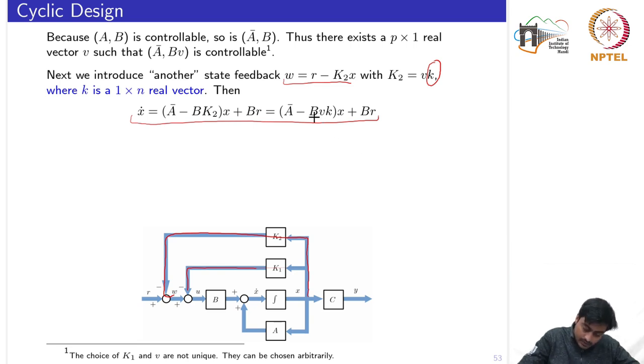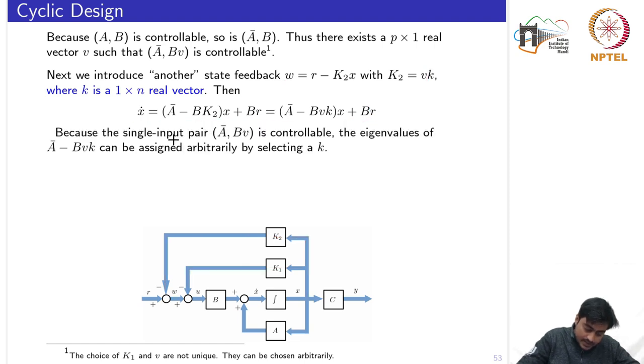Okay, so this would become the closed loop state matrix A bar minus B times V times K, and B becomes the distribution matrix of the reference signal R. Now, because the single input pair A bar comma B times V is controllable, the eigenvalues of this closed loop state matrix can be assigned arbitrarily by selecting a K.